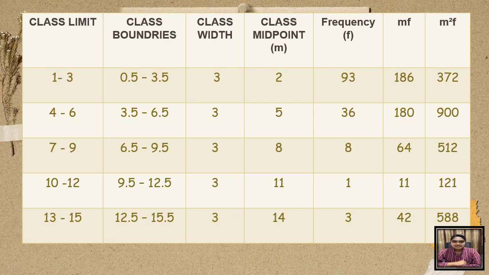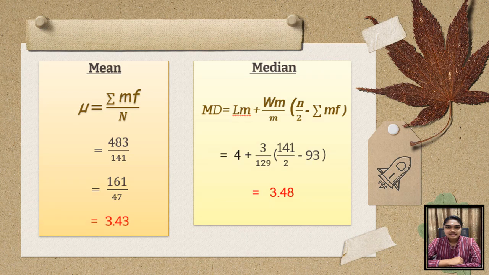As I mentioned before, from the pie chart and bar chart, we can get the class limit, class boundaries, class width, class midpoint M, frequency, mf and m square f. As in the other questions, we are using population. The formula for population mean is sigma mf divided by n.